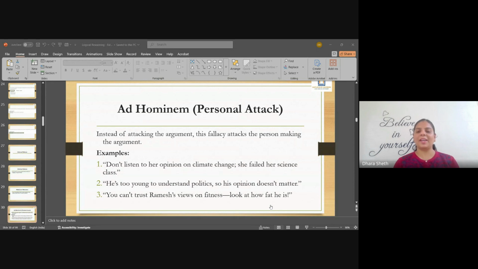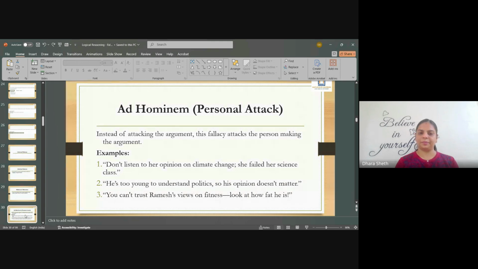Even if he is fat, it's like saying you should not learn dance from him because he is fat. We know of top choreographers in India, and your body size has got nothing to do with it. But when you see a statement like that, it is called ad hominem fallacy, personal attack. Clear with this?